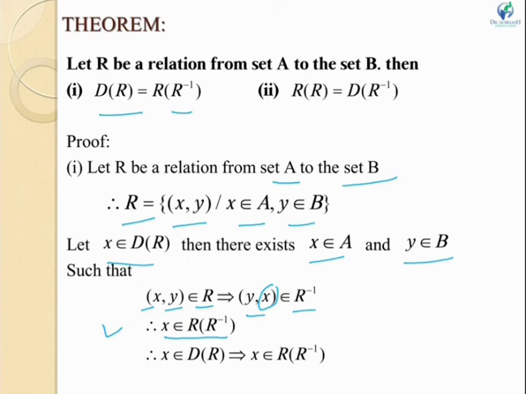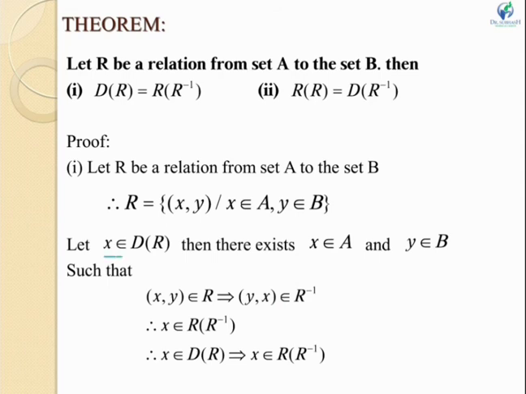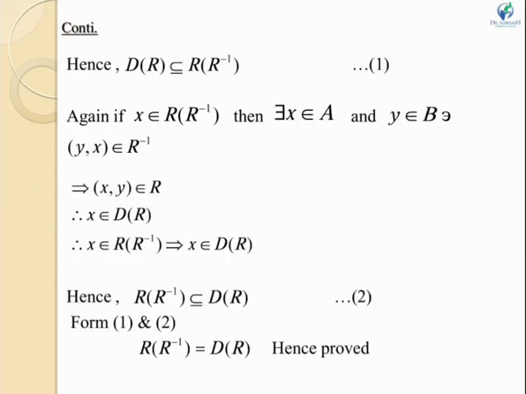What we have shown is that we assume x belongs to the domain of R, and we are saying x belongs to the range of R inverse. So we can say that the domain of R is a subset of the range of R inverse. I am naming it as equation 1.